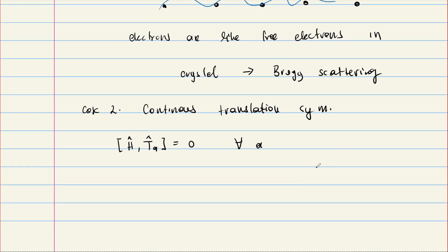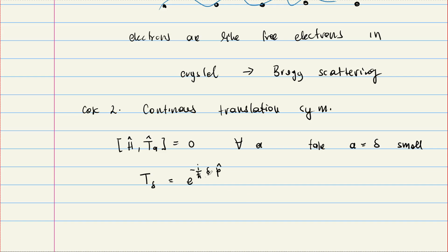Then if that's the case for all a, we can take a to be infinitesimal, like a equal to some small delta. That's also a translation. Then T of delta is an infinitesimal. What is it? It is e to the minus i over h bar delta times p. We derived this a moment ago.